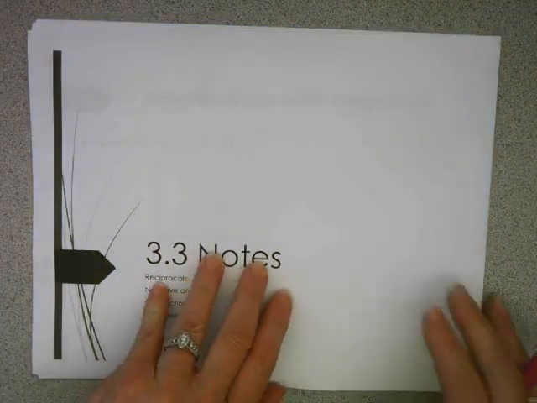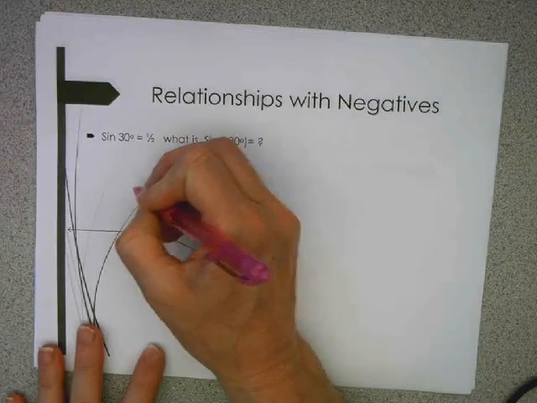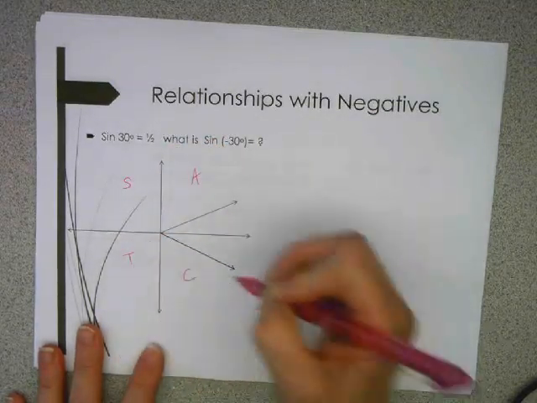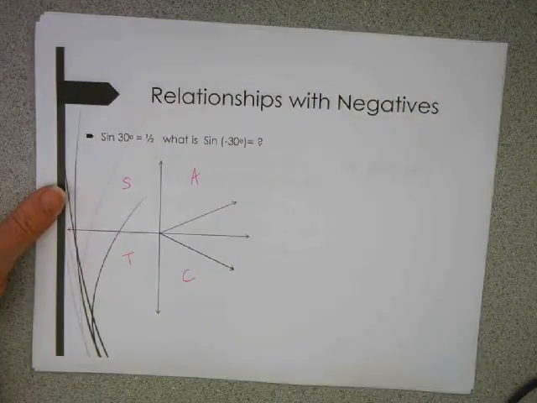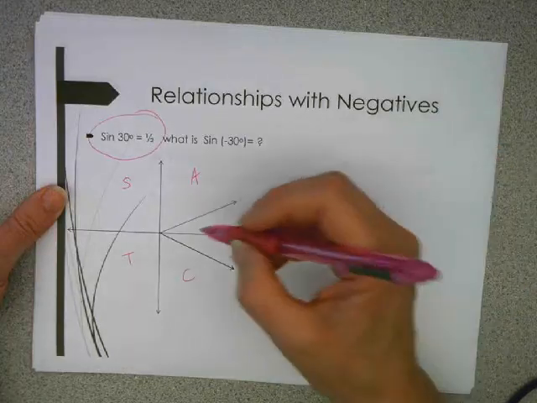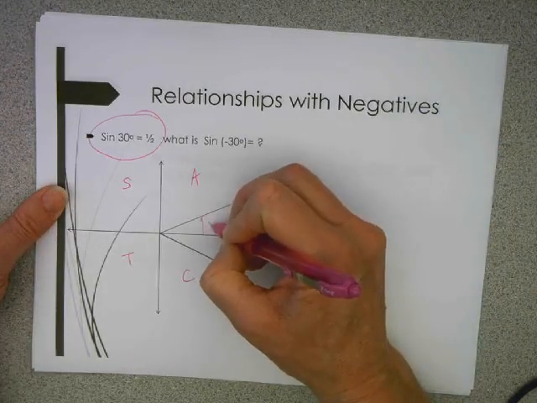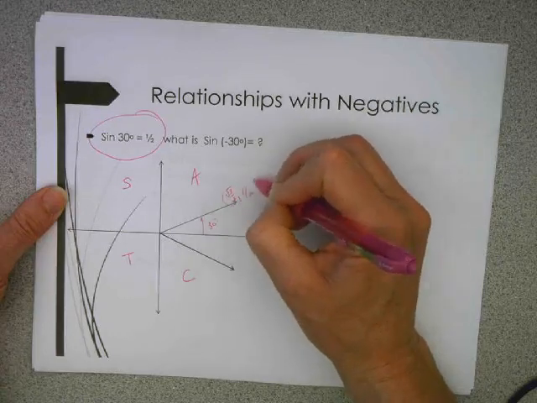Okay, and we're just going to go through some things. First of all, we're going to go through some negatives and positives. So we all know that all sad turtles cry. Sine is positive in these two quadrants. I know by heart that the sine of 30 is 1/2, because that point is radical 3 over 2, 1/2.